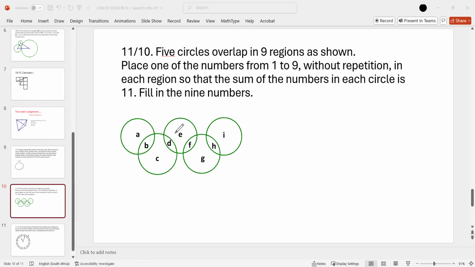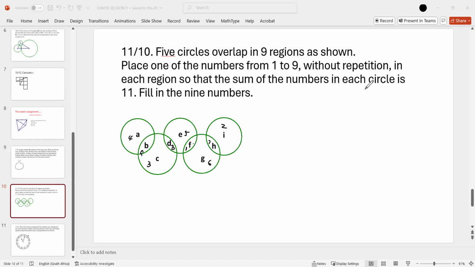So you could have had a 1 here, and 2 here, and 3 here, and 4 there, and 5 there, and 6 there, and 7 there, and 8 there, 9 here. And that could have been a possible way of filling these 9 numbers so that there's no repetition.